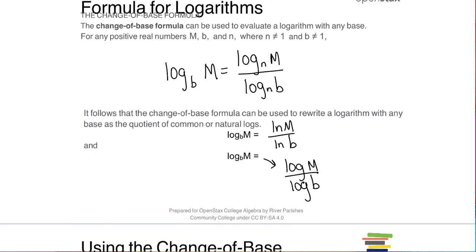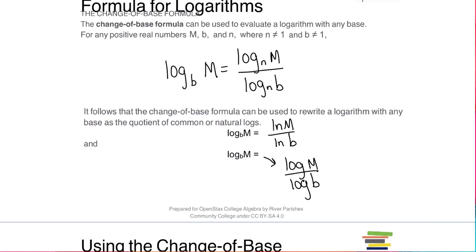All right, and so that brings us to the last little bit here. We have what is known as the change of base formula, and we can use it to evaluate logarithms with any base.